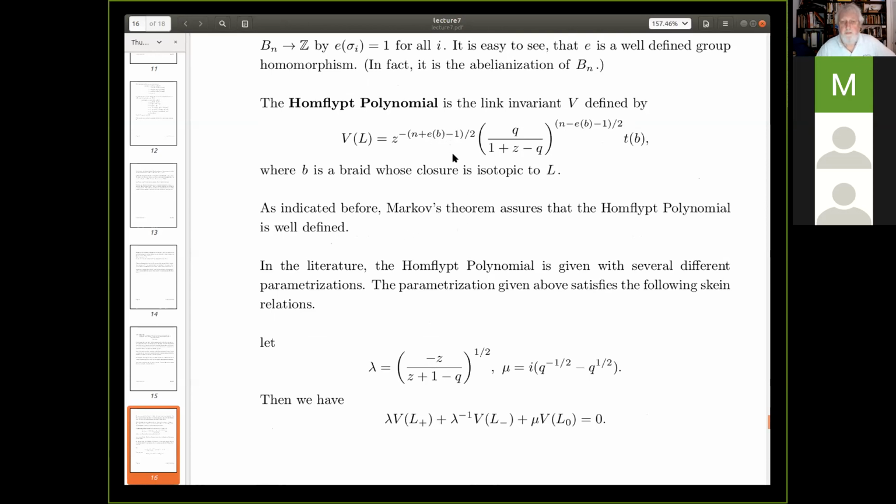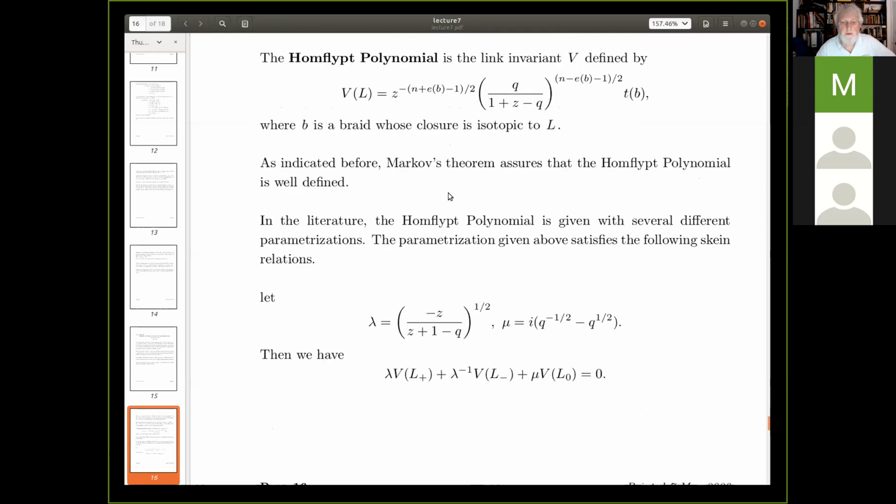And now I think Scott was asking about how this is related to the formula for the homflypt polynomial given by Lou, and you should be able to get it from this. If you put lambda equal to the square root of minus z over z plus 1 minus q, and mu equal to i times q over the square root of q minus the square root of q, then you get this skein relation.